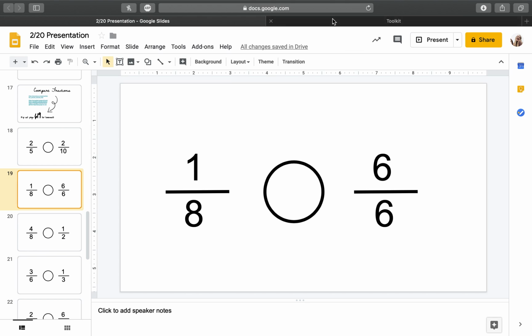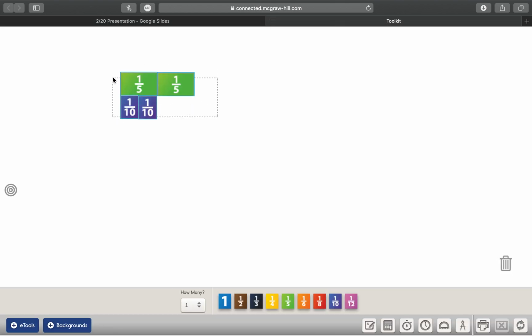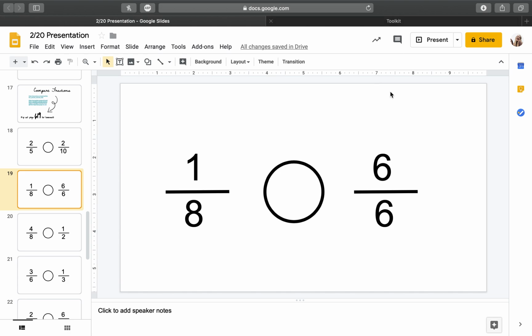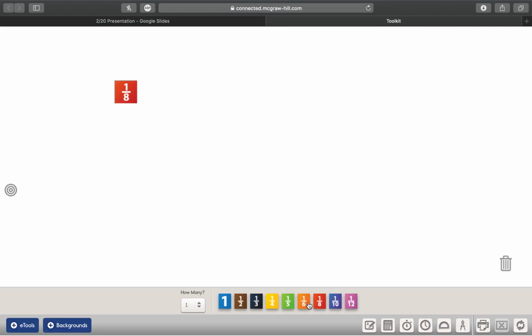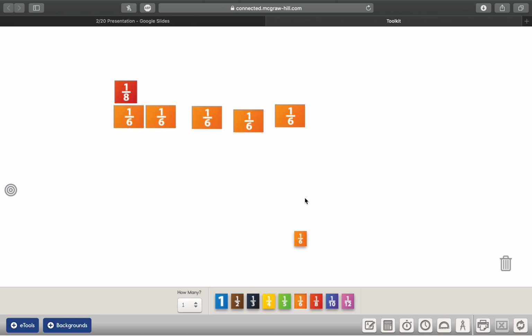So first we need to build 1/8. So let me get rid of all of this stuff. 1/8 is the red one. And I only need one of them because it just says 1/8. Now I need 6/6. So these orange ones are sixths. So I'm going to go 1, 2, 3, 4, 5, 6.